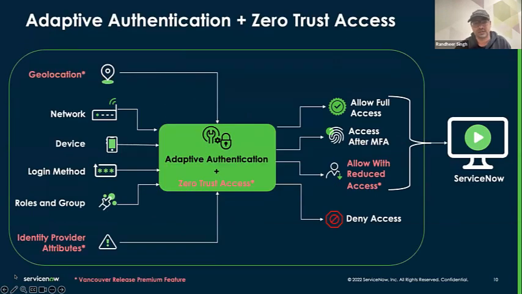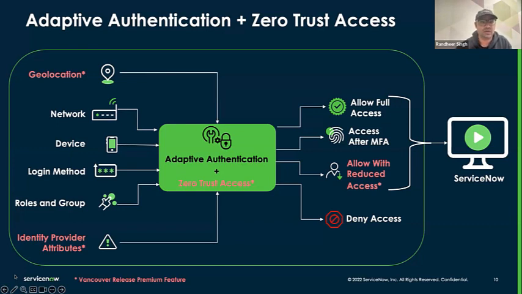Okay, so how it works. Zero trust access under the hood uses adaptive authentication policy. If you are not familiar, adaptive authentication is an existing product within the ServiceNow platform security group. Based on certain parameters like network, location, the login method, and the identity provider attributes, it provides you the facility to enforce various security controls.